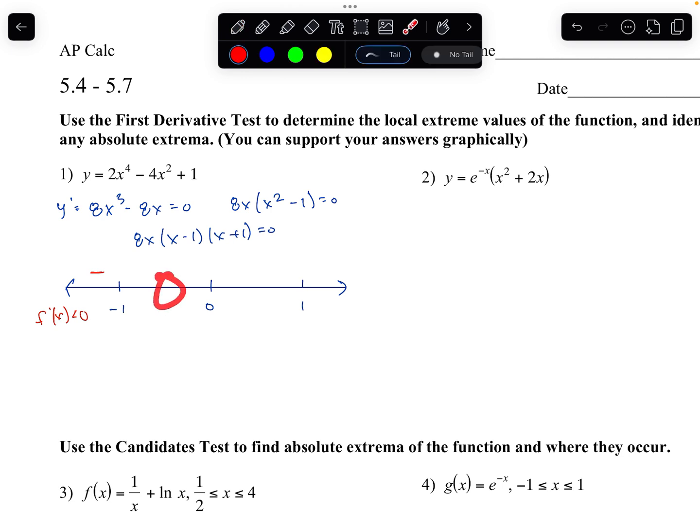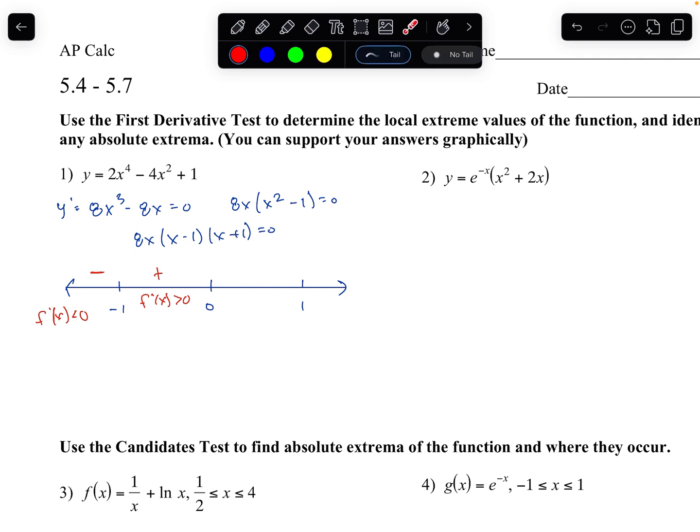And then if I take a value here, so like -1/2, that's going to be a negative, and then that's still going to be negative. But then if I plug in -1/2 here, that's going to be a positive. So all together, that's going to be positive, so f prime of x is going to be greater than 0.